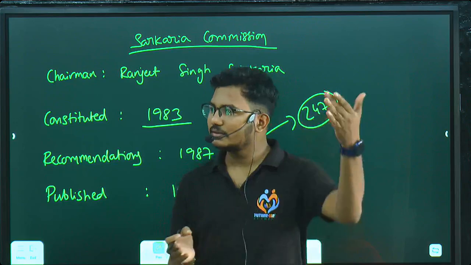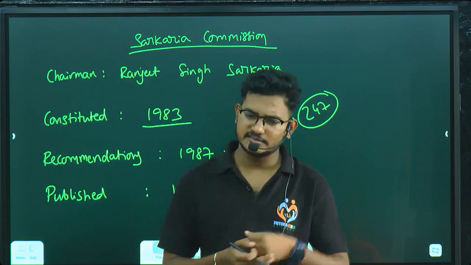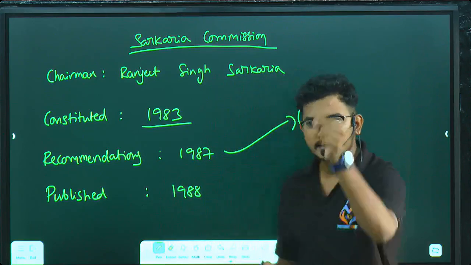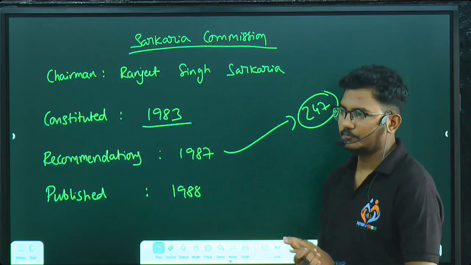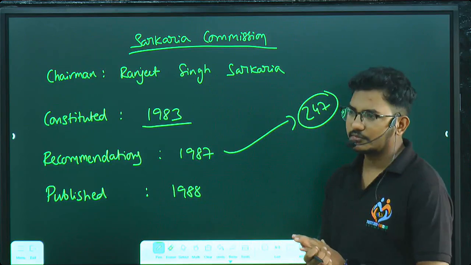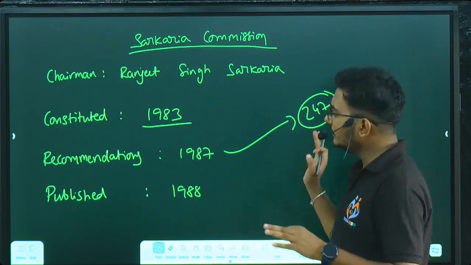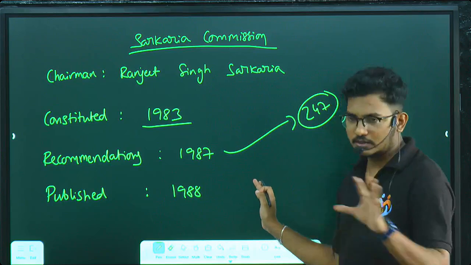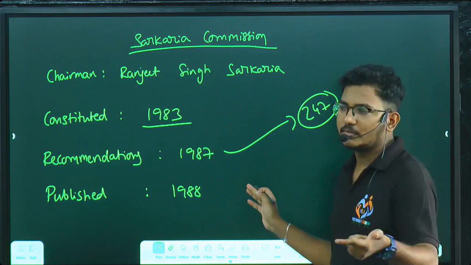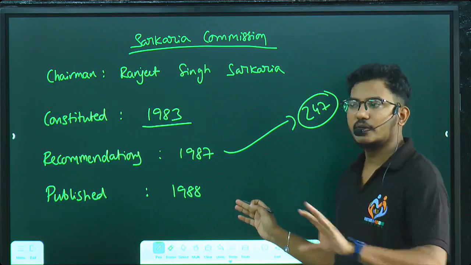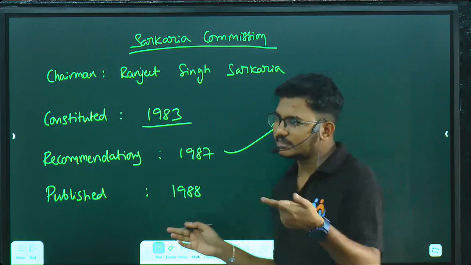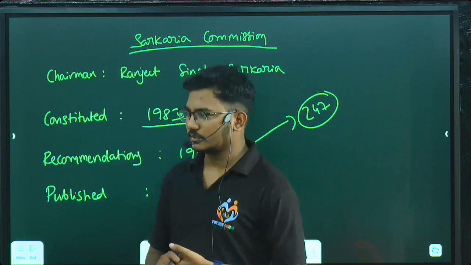In that you will find 247 recommendations. All are basic recommendations only. Just go through it once. I'll be teaching everything which is important from your examination perspective. For the rest, if you have even a single doubt, you can reach back to me.